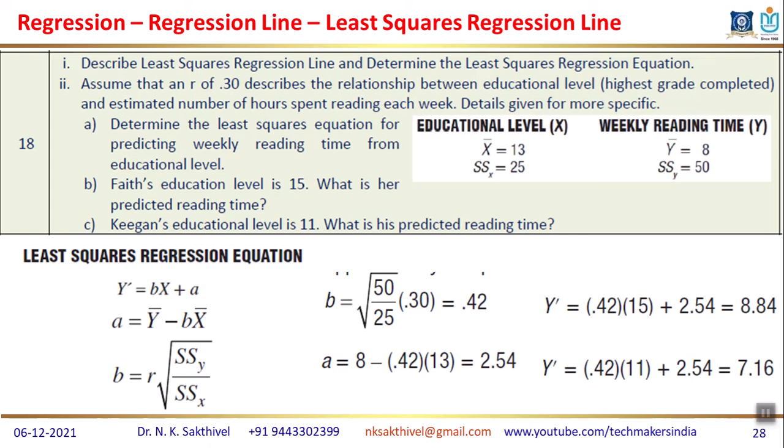But please understand, for calculating this, you need to calculate a and b. In this example, the correlation r value is given as 0.3. Sometimes people may ask you to calculate r also. For example, they can give SSY, SSX and the b value, so that you can calculate r.